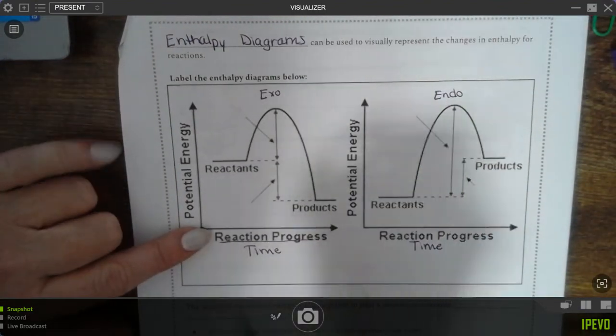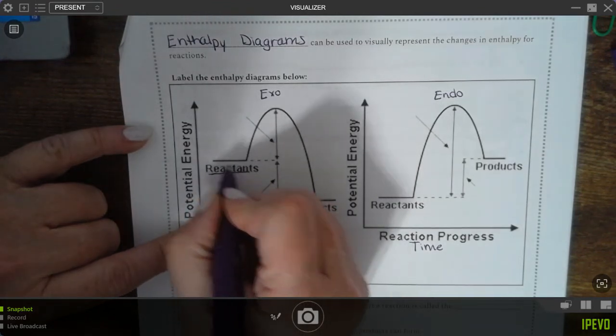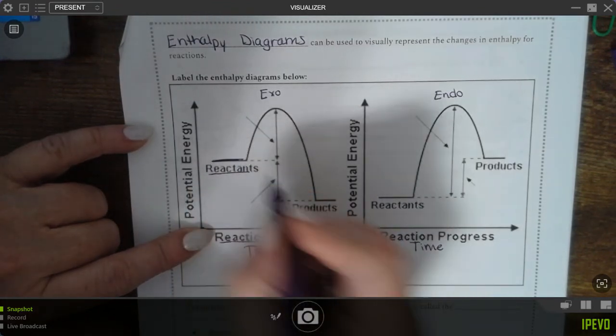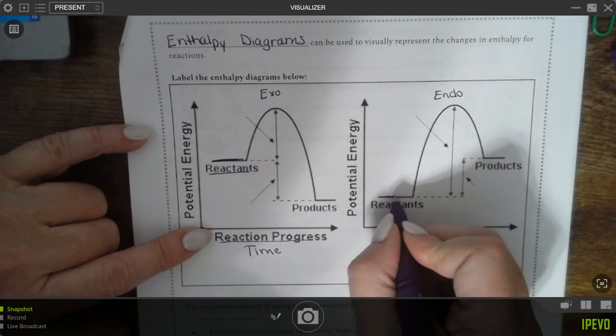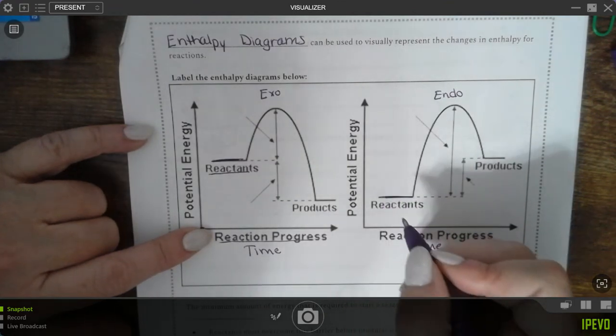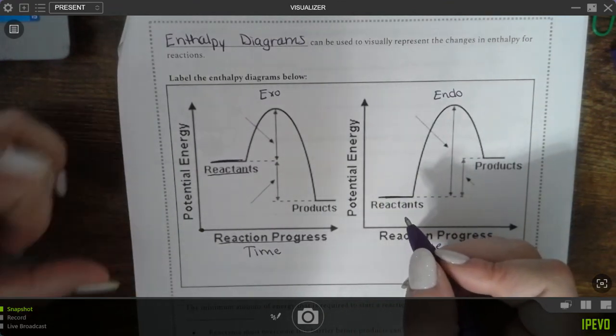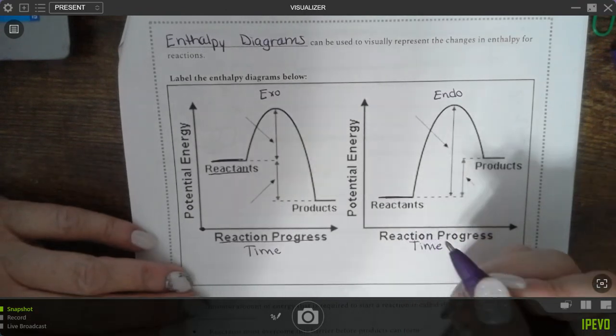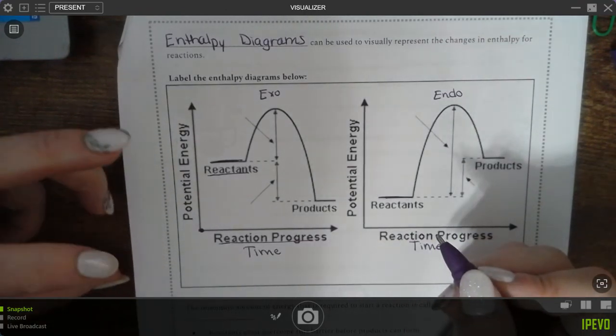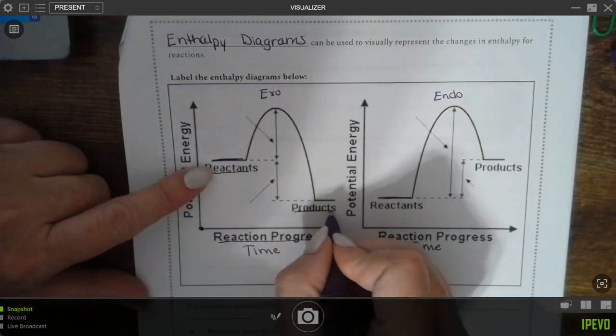So at time 0, we always start with the reactant. There's no necessary rhyme or reason to the height of things or the length of things. It's kind of a general idea. So we always start with our reactants, and then we end with our products.